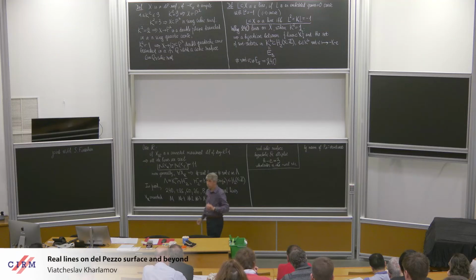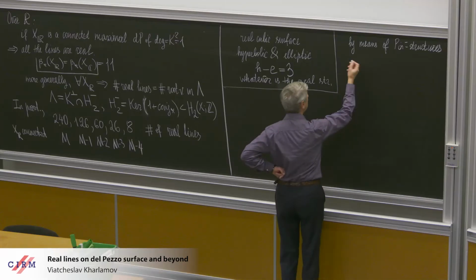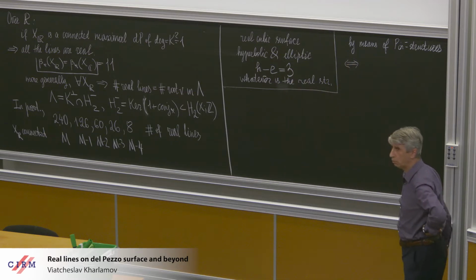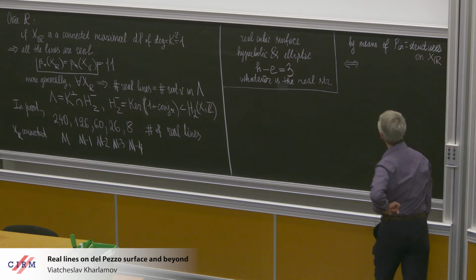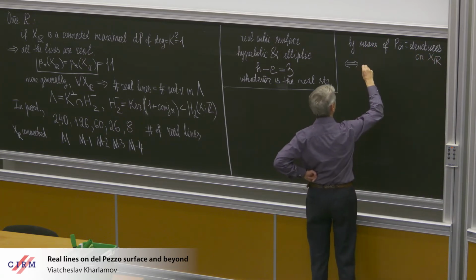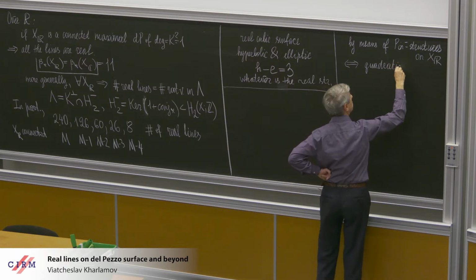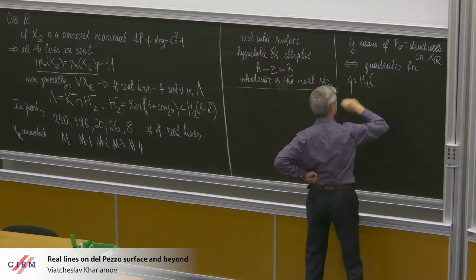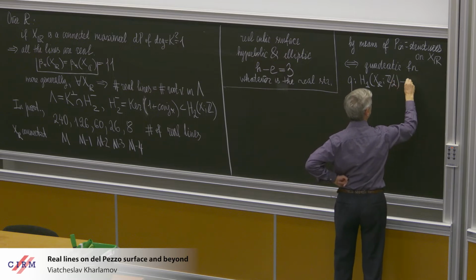Sorry, I'm not going to give a definition of a Pin minus structure, but let me tell you that choosing a Pin minus structure on the real locus of a surface is equivalent to building a quadratic function defined on one-dimensional homology with Z2 coefficients, but with values in Z4.